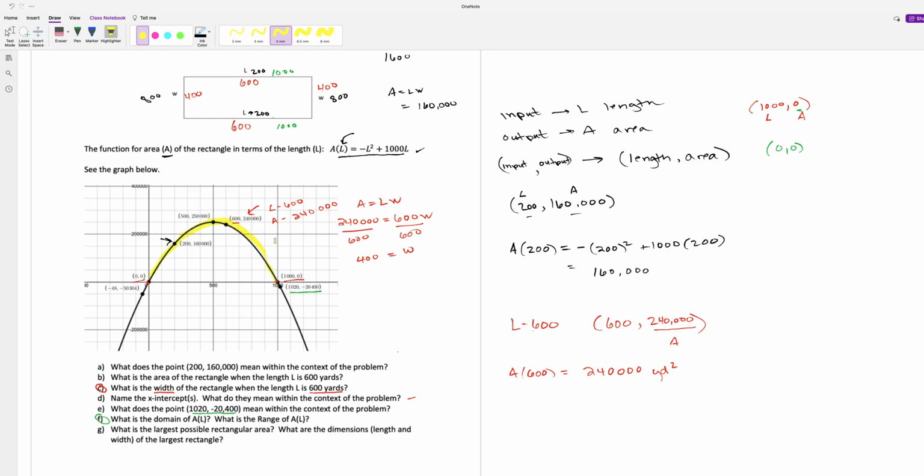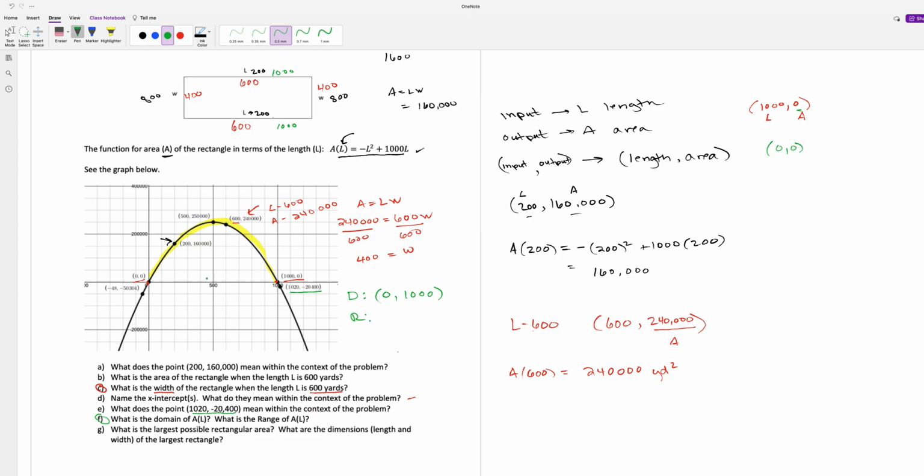Those are the only points that really make sense, when we have input values that are between 0 and 1,000. So the domain is going to be 0 to 1,000, and we'll not include those endpoints, since at x equals 0 and at x equals 1,000 we wouldn't have a rectangle.